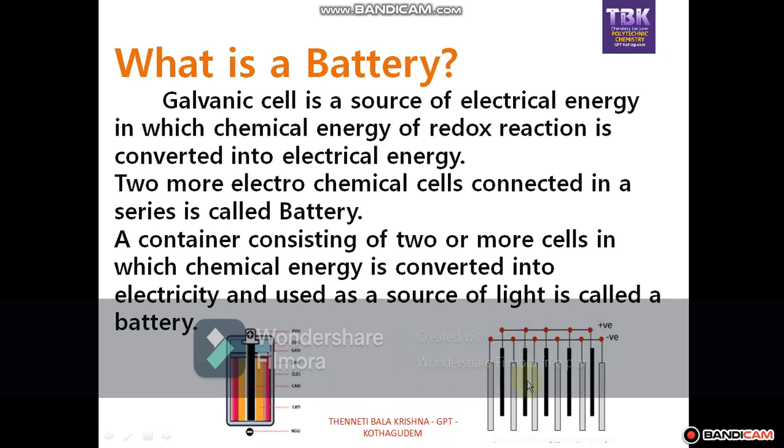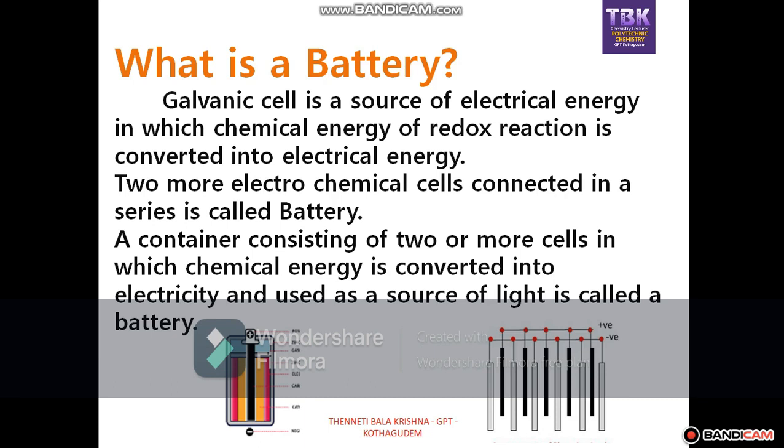Both generate electricity by a spontaneous oxidation-reduction reaction, but batteries contain many anodes and cathodes. That means many cells are connected in series. Is it clear? In a cell there is only one anode and one cathode; in a battery there are many anodes and cathodes.